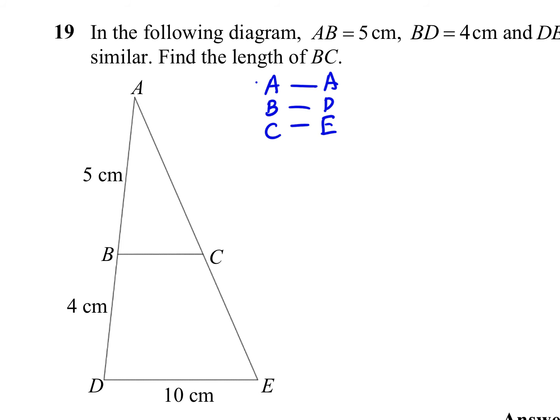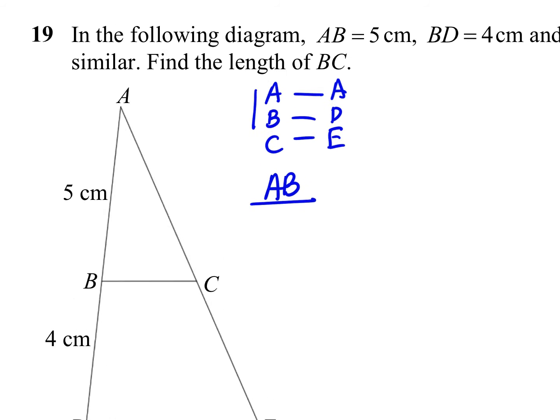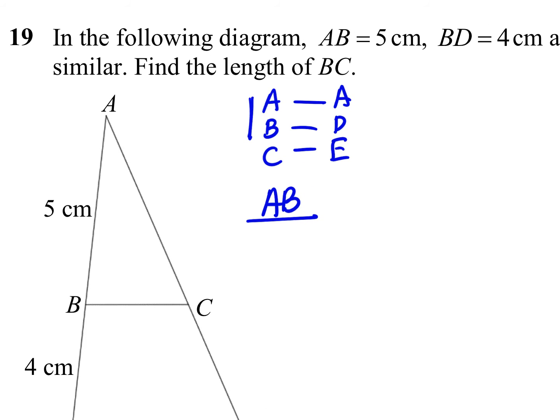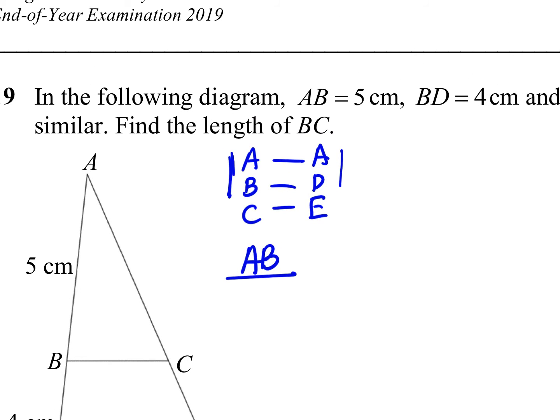AB is 5. So AB over which matching side? AB over AD. Okay, did he tell me the answer? No, he didn't.